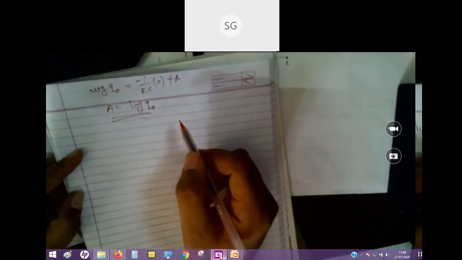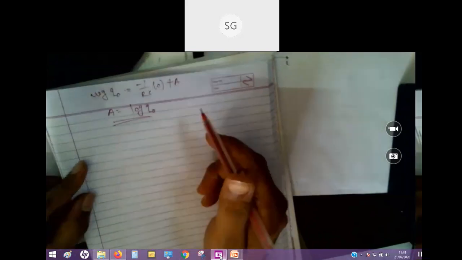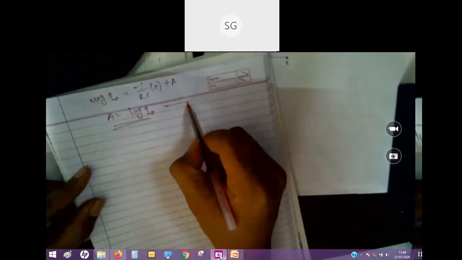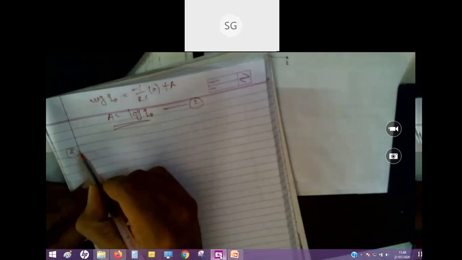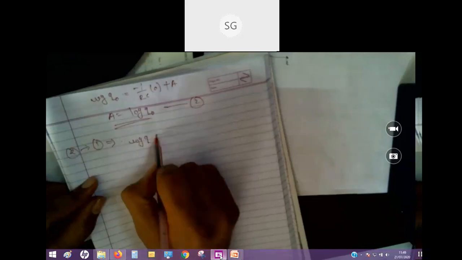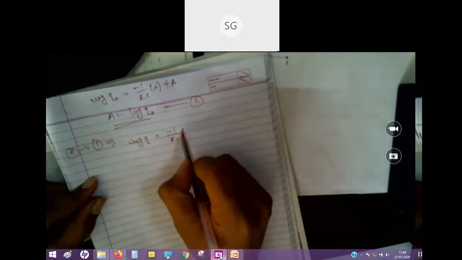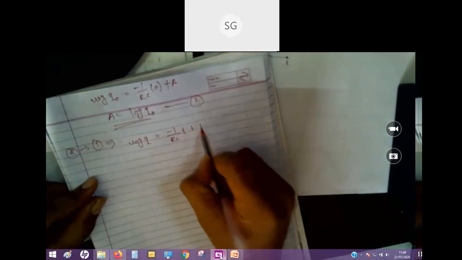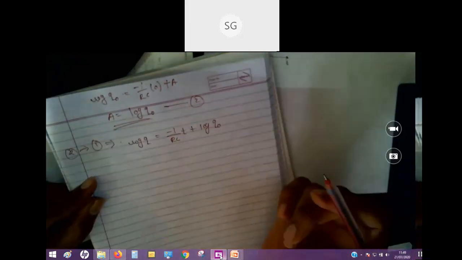Let's say this is equation 2. If we put this value of a in equation 1, we will get log of q equal to minus 1 upon RC into t plus log of q naught.